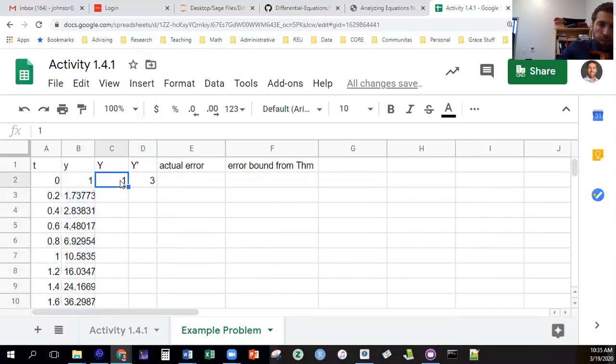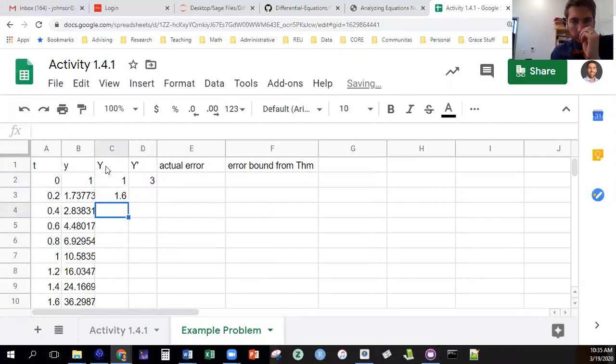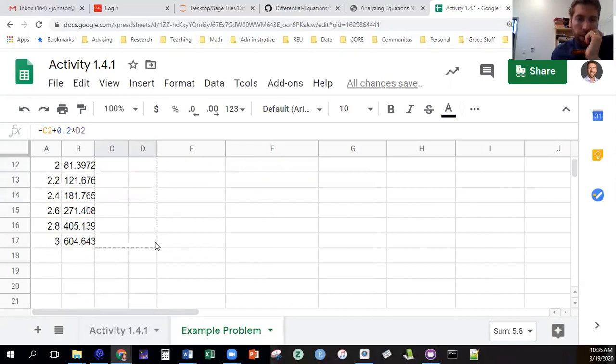And then this one I gotta drag these together, because the next Y is equal to the last Y plus h, my h is 0.2, your h is 0.5, times y prime. And then I can drag both of these together all the way down.